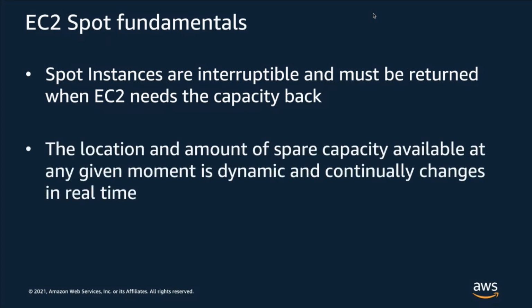And the location and amount of spare capacity available at any given moment is dynamic and continually changes in real time. So you want to make sure you understand that you're looking in multiple places for spare capacity for a particular workload, and we just want to make sure that you've set up your environment to take advantage of finding that spare capacity to power your particular workloads.